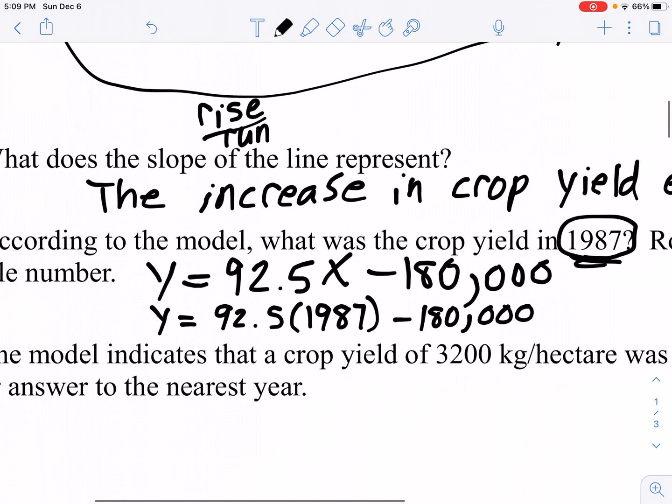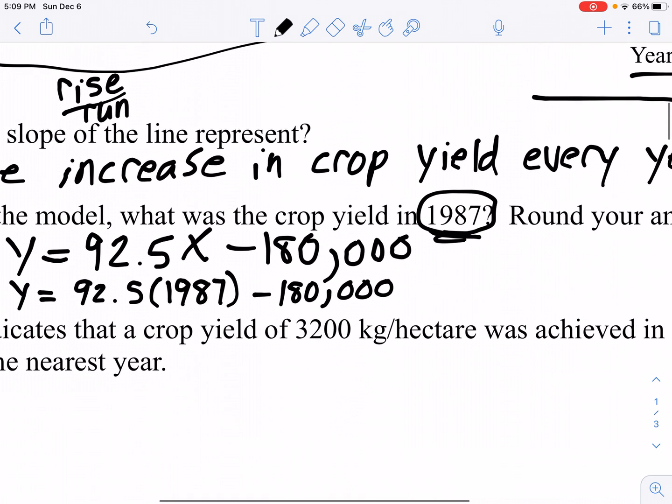Now this is something that we can do in our calculator. So if we take 92.5 times 1987, and then subtract our 180,000, we're going to get approximately, if we're rounding to the nearest whole number, 3,798 kilograms.